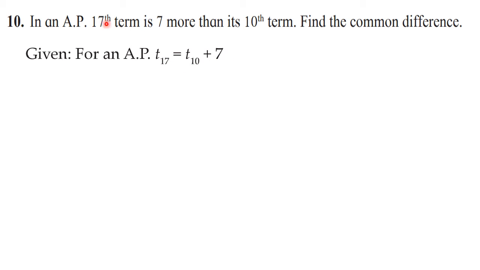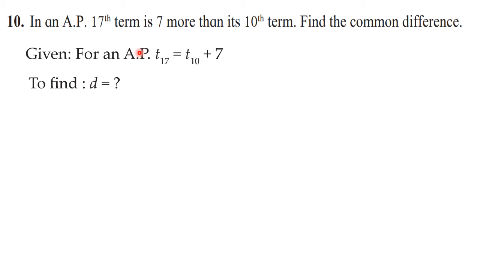This is what is given to us. And what we have to find is the common difference, means we have to find out the value of D. Okay. So when you write this here, half of the problem is solved because you have understood the question and from that you have written what is given and what you want to find.